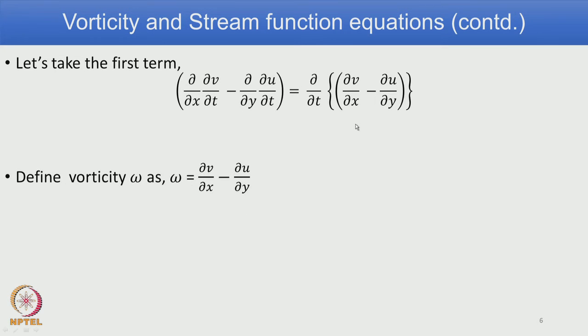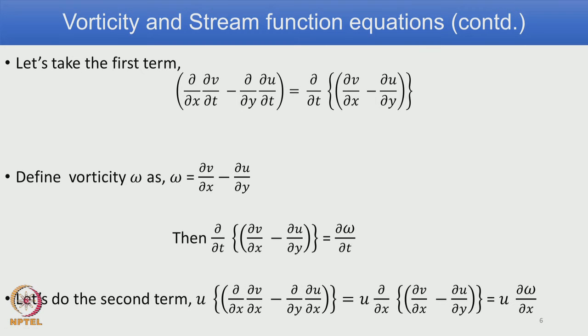Now we also know the definition of vorticity omega, which we learned in the first class, which is ∂v/∂x minus ∂u/∂y. So if you substitute the definition of vorticity in this expression, then we get the first term of the vorticity transport equation, which is ∂omega/∂t.